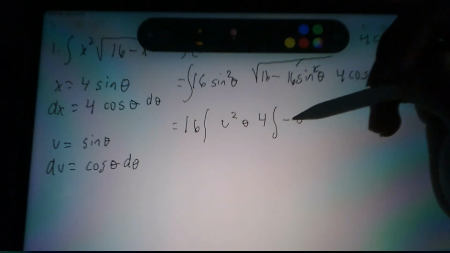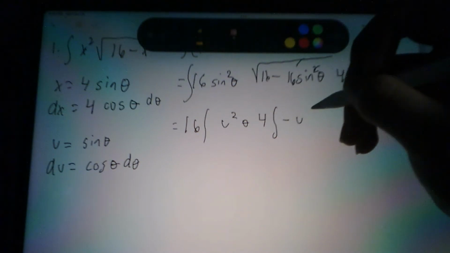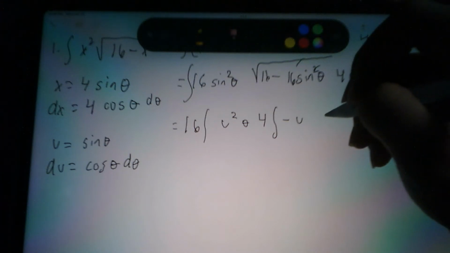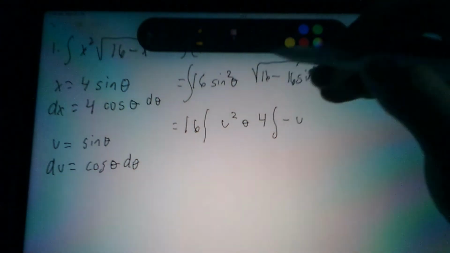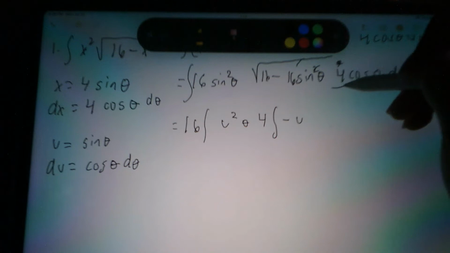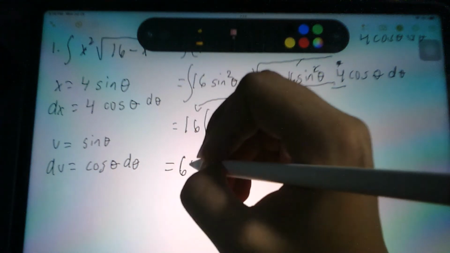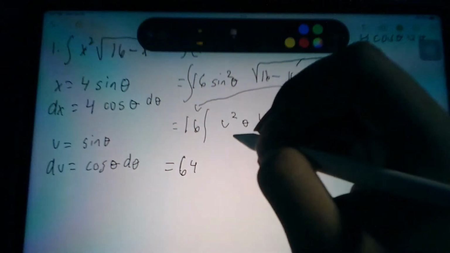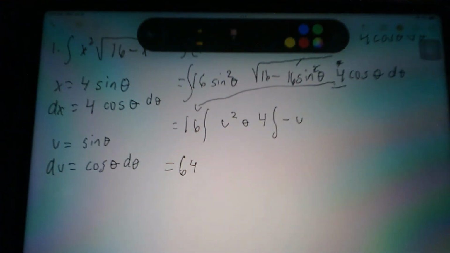Take 4 outside, so 4 negative u du. 16 times 4, we take out this constant and multiply, so this will become 64. Let me find my calculator to make sure. So 16 times 4, yes, it's 64.